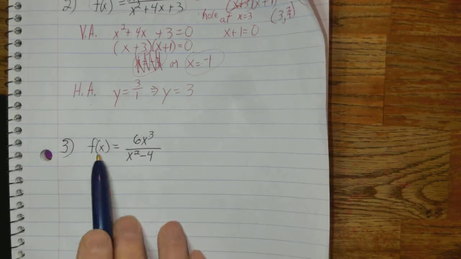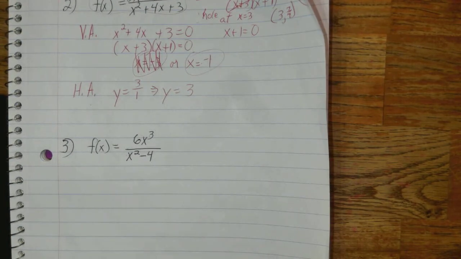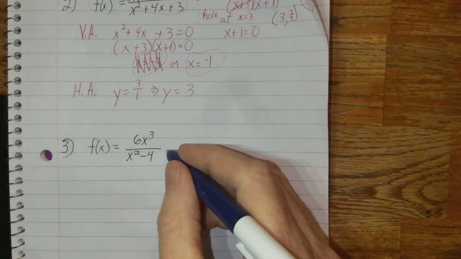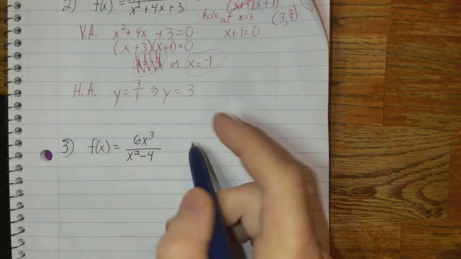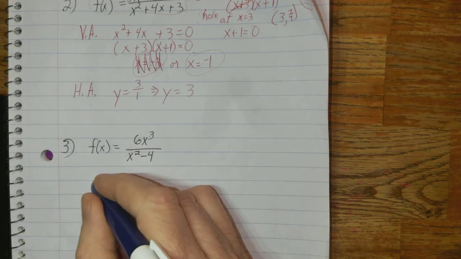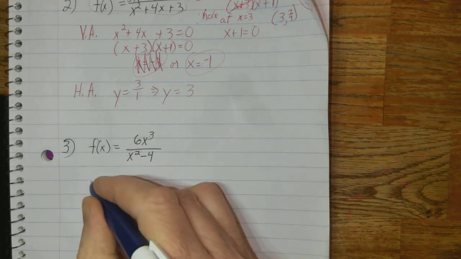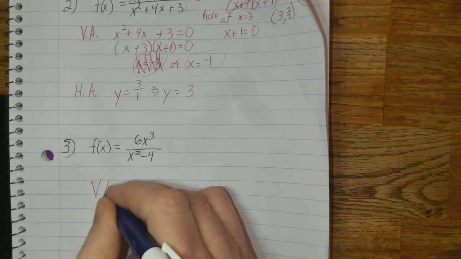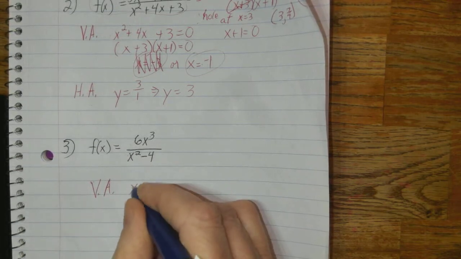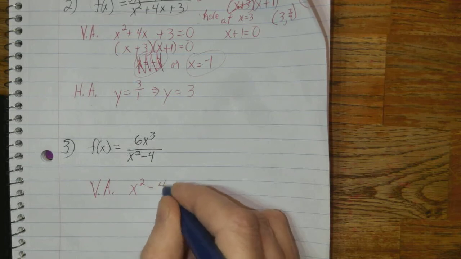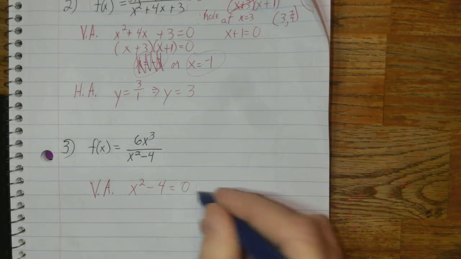Alright, now the third function here. F of x equals 6x cubed over x squared minus 4. So this isn't going to simplify any more than it is. So we have vertical asymptotes. We take x squared minus 4 equals 0.